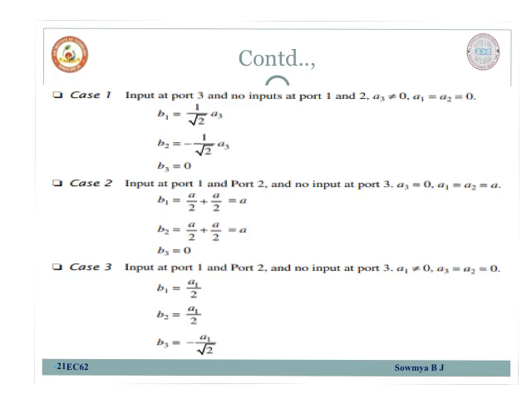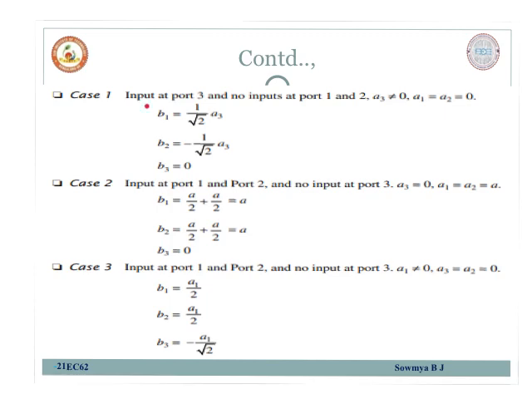Now, let us continue this further with the cases corresponding to this S matrix. In case 1, there is an input at port 3 and no inputs at ports 1 and 2. It means A3 is not equal to 0 and A1 and A2 are equal to 0.